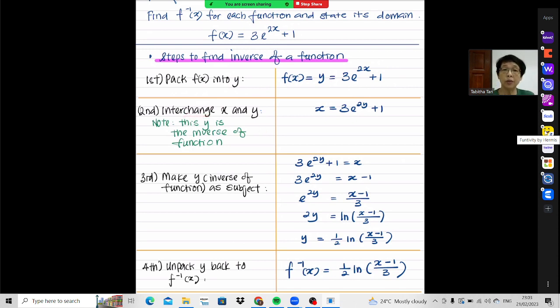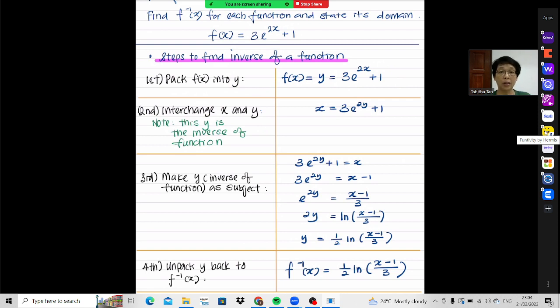The reason for doing this is that when we do the inverse of a function, we actually undo the given function, meaning the starting of the function has now become the ending of the inverse, whereas the ending of the function has now become the beginning of the inverse.